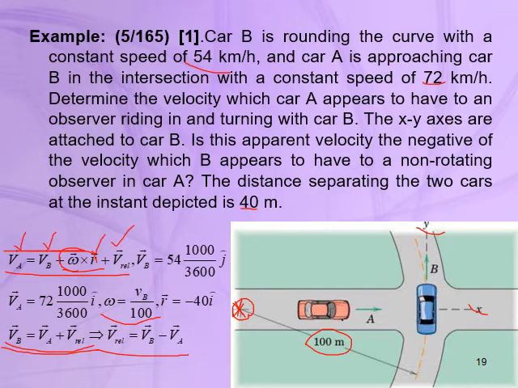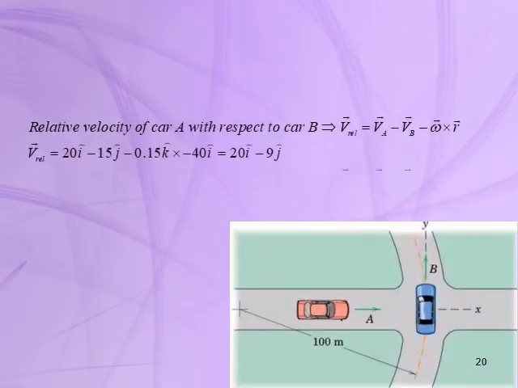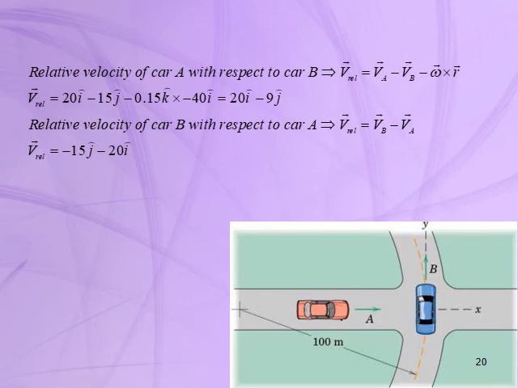This time you can find that V relative is VB minus VA, and VB and VA are clear for us. VB is 54 and VA is 72. The direction of VB at this instant is in the Y direction, and the direction of VA is in the X direction. So we can substitute in these two equations and find the relative velocity in two different cases.